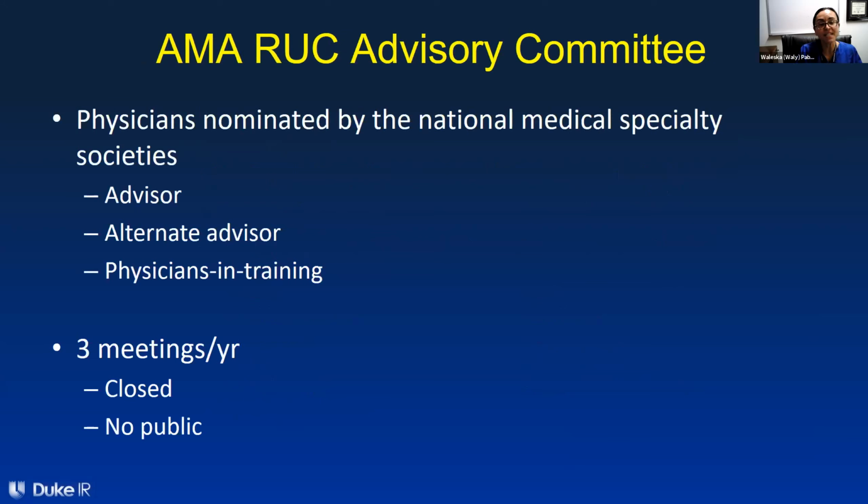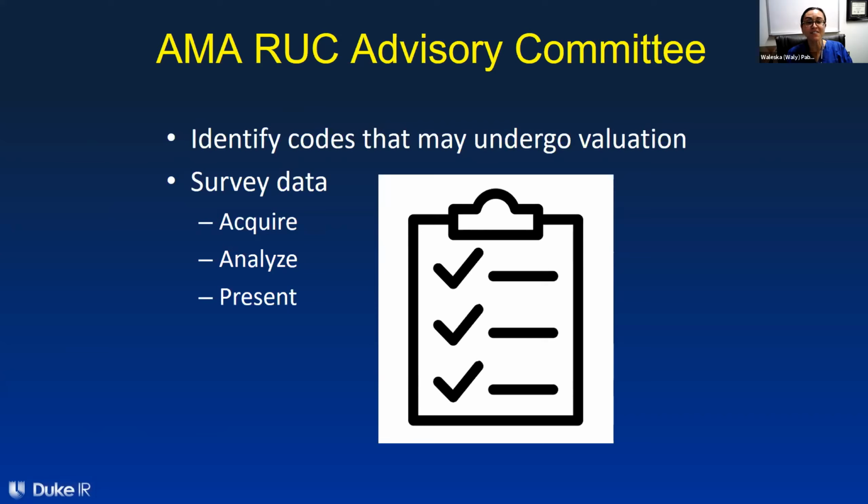All right, so the RUC Advisory Committee is in charge of identifying codes that may undergo evaluation that affects their specialty. And if they decide that a code is very important to them, affects their specialty a lot, they are going to survey their members to get data for that code.